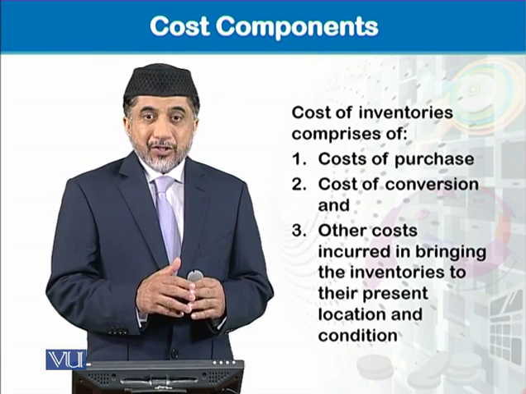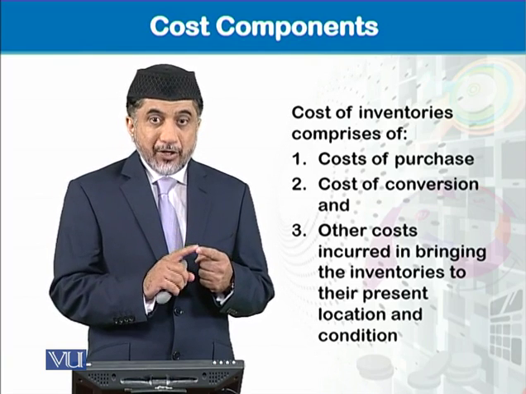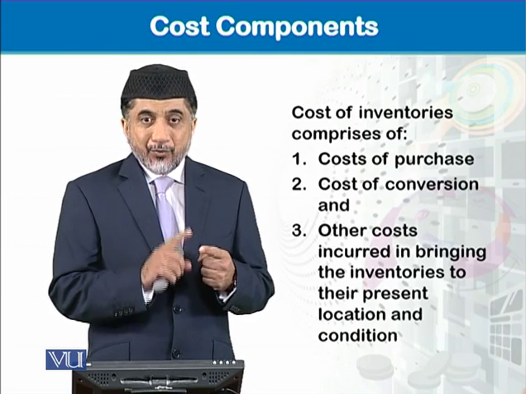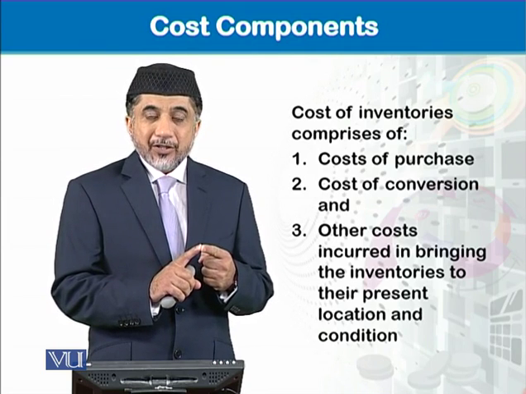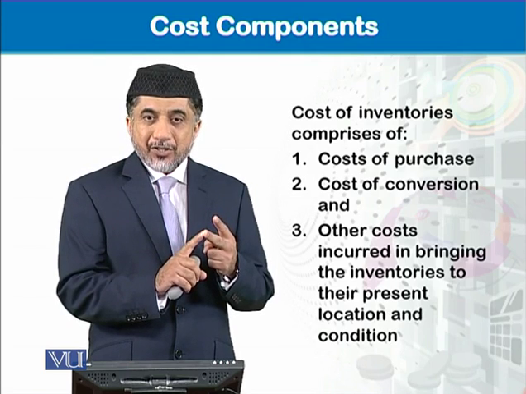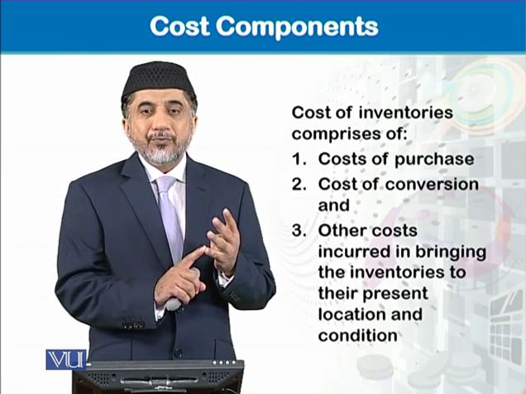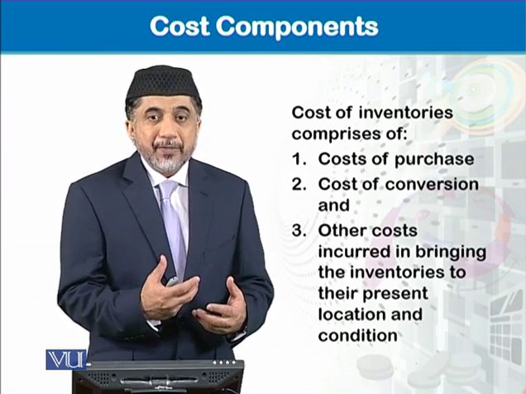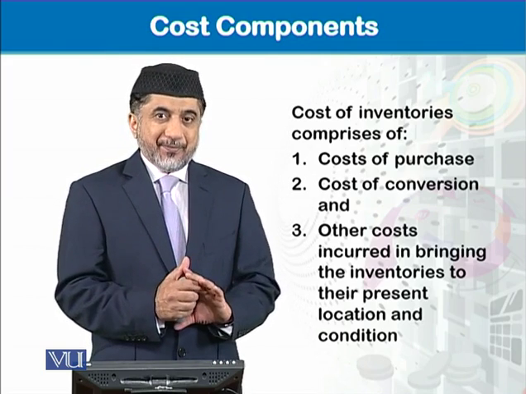So the main cost component in the cost of inventory is the cost of purchase, which is converted into finished goods through the cost of conversion, which includes direct labor cost and factory overhead cost, and the other cost which can be attributed to this total cost in order to bring this inventory into its present location and condition.